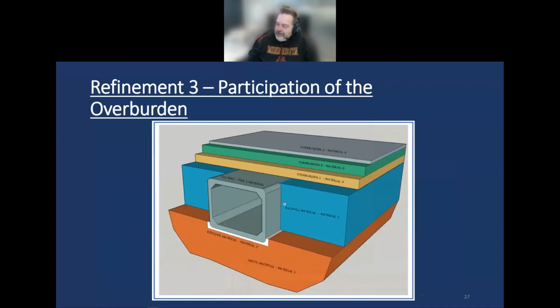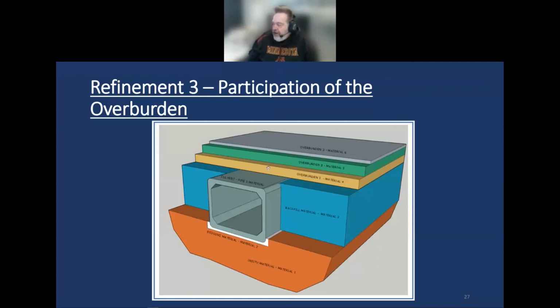So in a 3D visualization, this is what we did with our CANDE model. We had an in situ material, we had a bedding material, and we put the culverts of different sizes in that. After that was constructed, we backfilled the material, and then we had 3 layers of overburden on top.